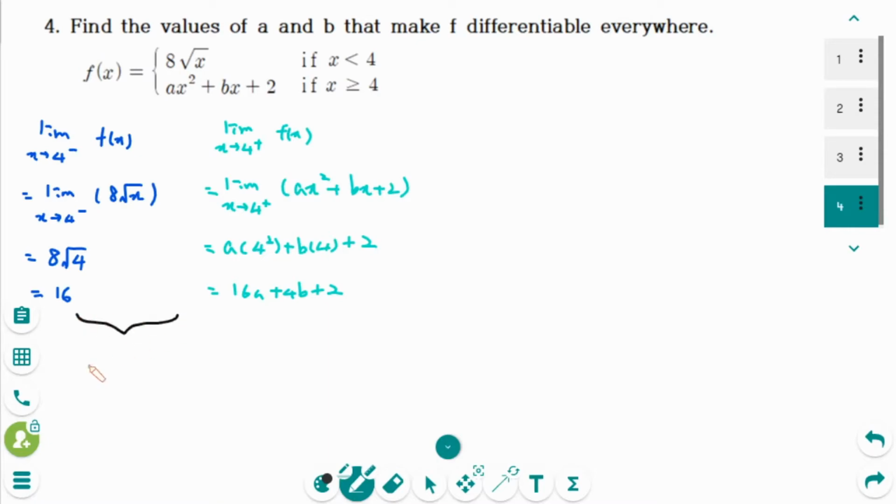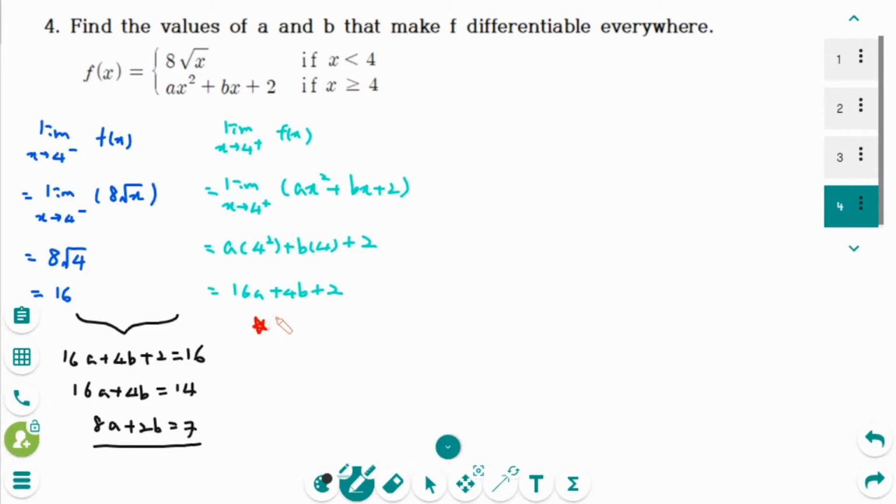From these two, 16a plus 4b plus 2 equals 16. 16a plus 4b equals 14. Then divide by 2 on each side. 8a plus 2b equals 7.